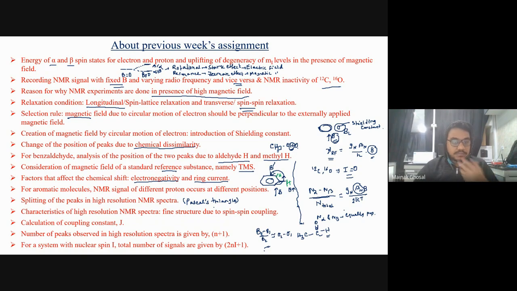The characteristics of high resolution NMR spectra were also discussed: fine structure can be obtained due to spin-spin coupling. The calculation of the coupling constant was discussed in terms of a tree diagram, and the gap between these two is J. This is called the coupling constant.